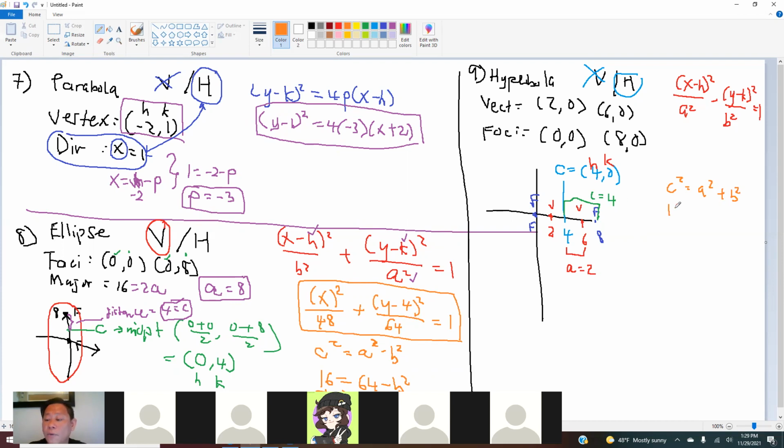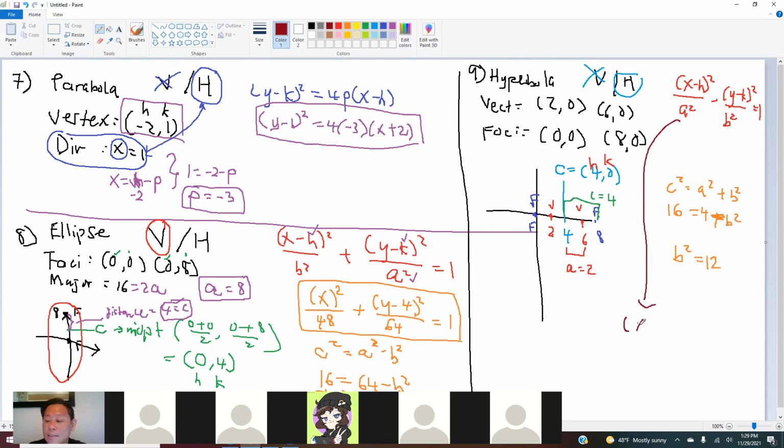c in this case is 4, so when you square it becomes 16. a is 2, when you square it becomes 4, and this plus b squared. So b squared in this case is 12, since 4 plus 12 is 16. Now we just plug all this back into the formula.